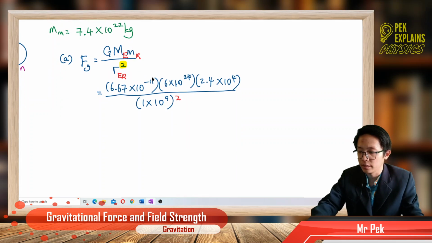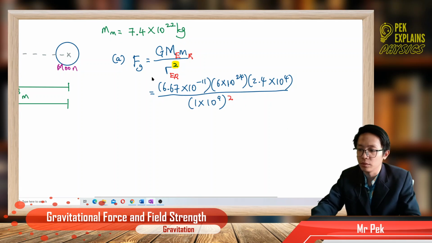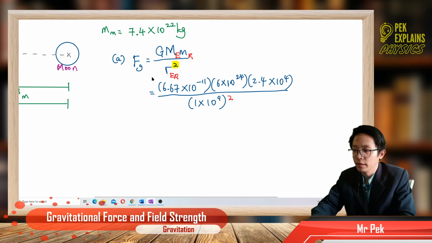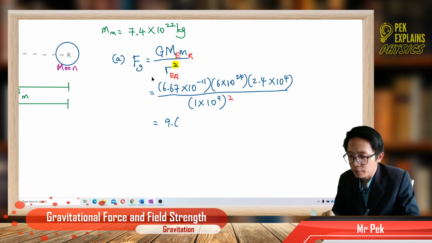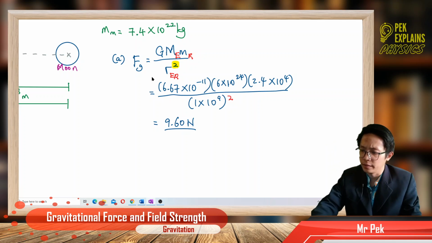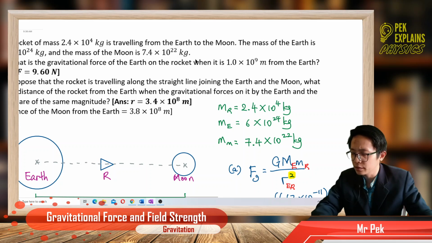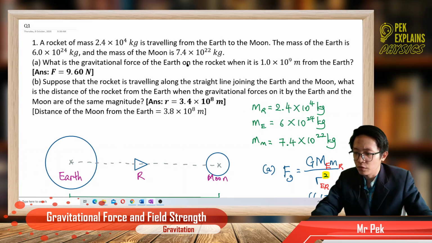For a vector, you have the square below. Only for a scalar quantity, no square below. So the answer is you get 9.60 Newton. What's the direction? You need to give the direction also, because the force of Earth on the rocket means it attracts towards Earth.